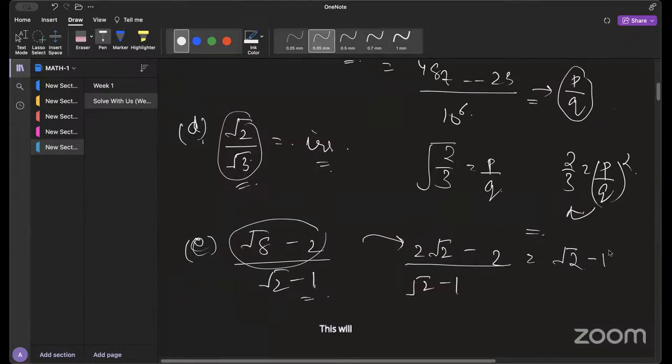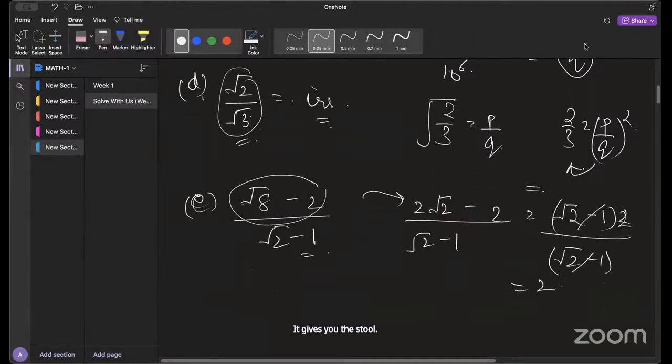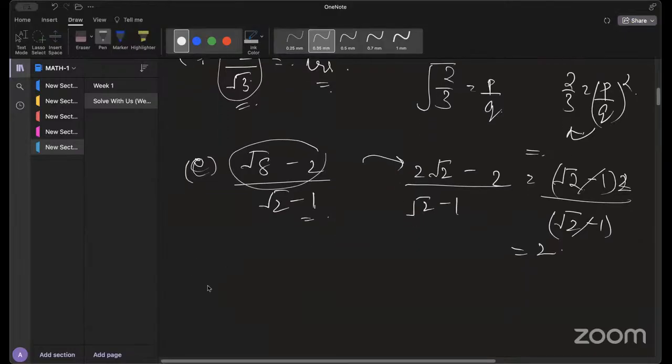This will give you just 2. So this is a rational number. This option is correct.